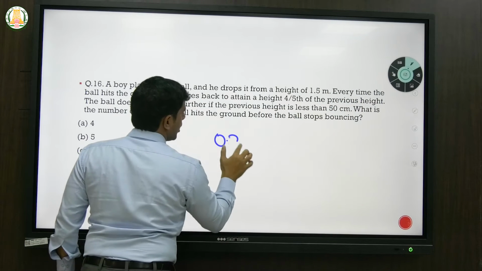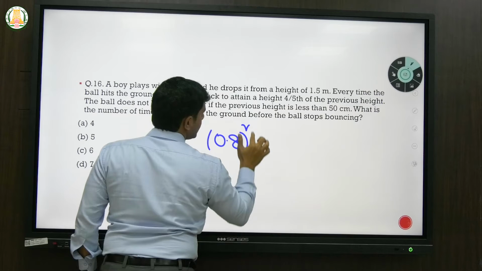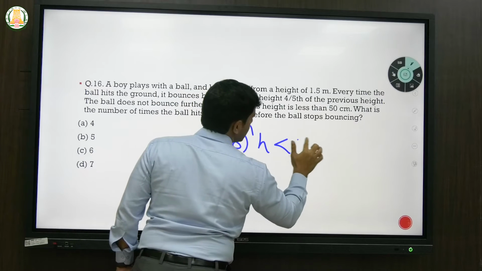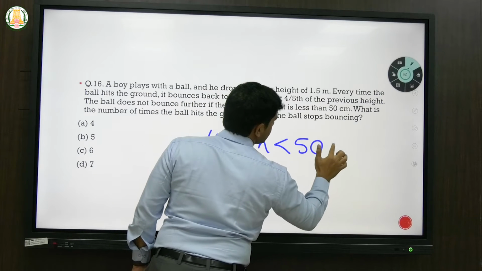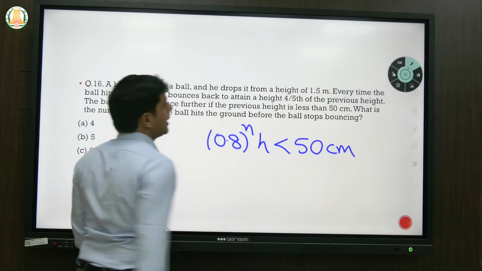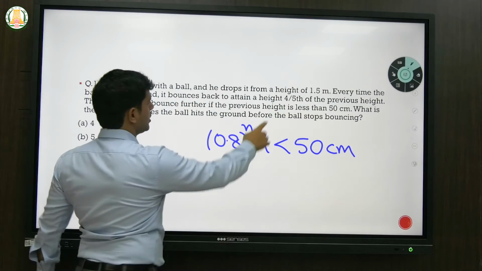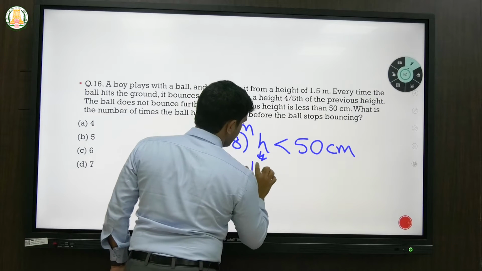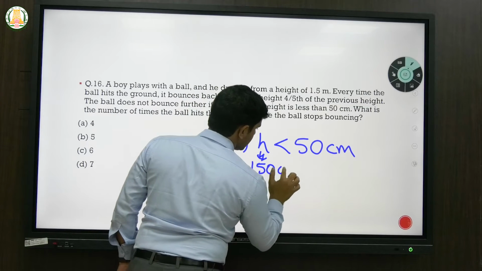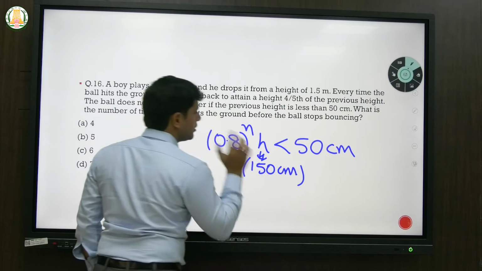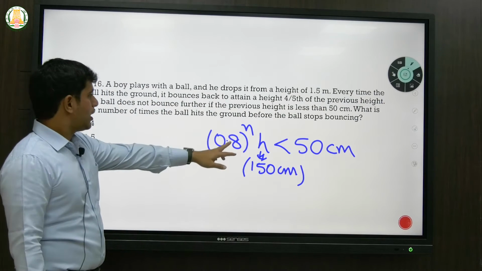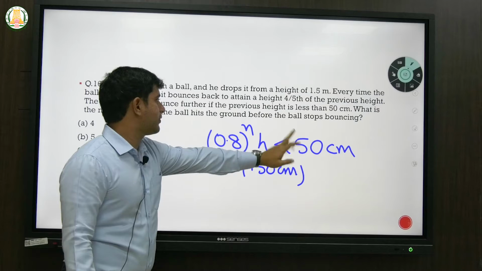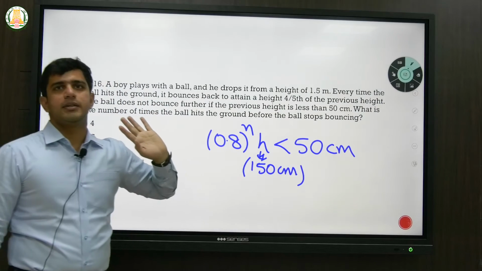So 0.8 power n into h should be less than your 50 centimeters. Okay, you know h is what? 1.5 meters, that is 150 centimeters. Okay, so you know h, you know 50, you just need to find n.